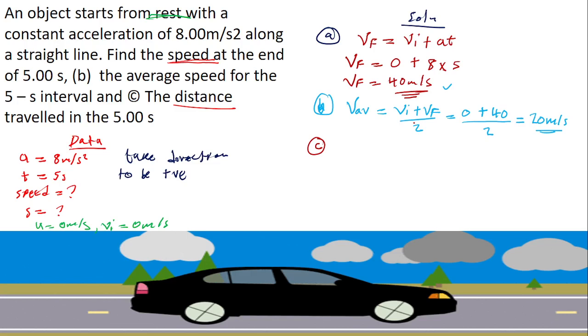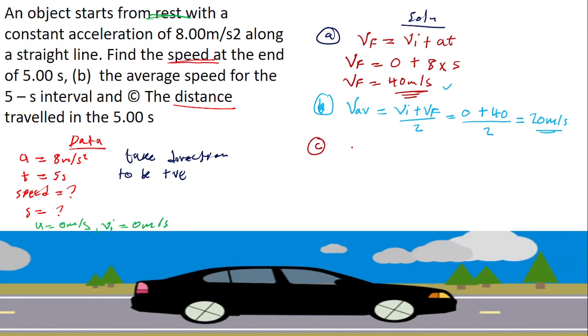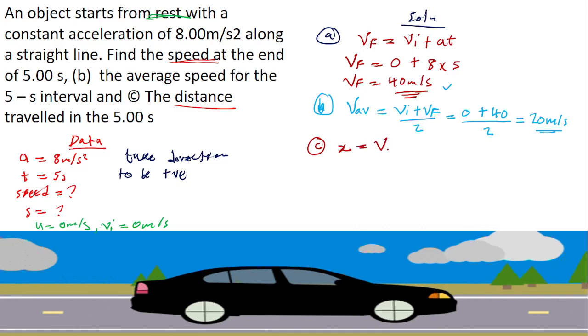So we can now look for the distance. I can use x, which is simply standing for distance. So distance can be found by using the formula: distance is equal to v initial multiplied by time, plus 1 over 2 a t squared.